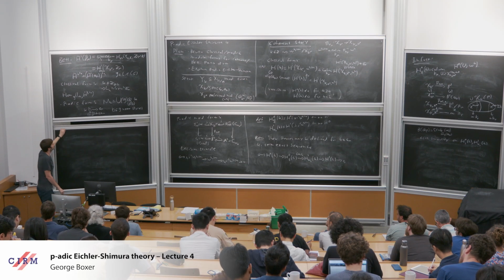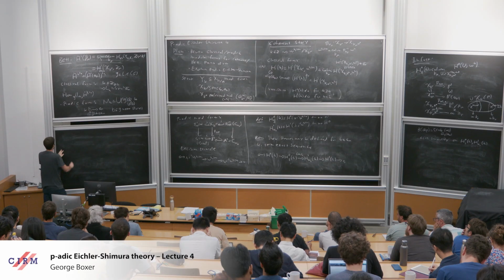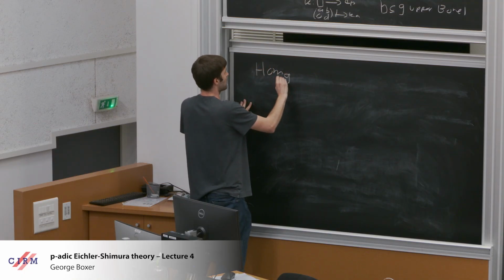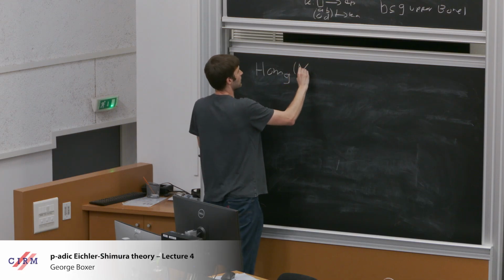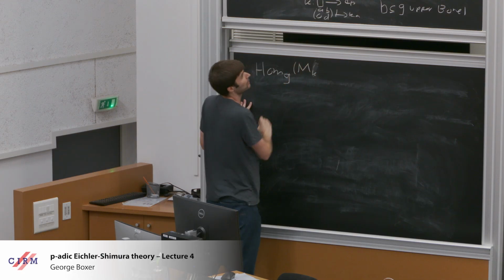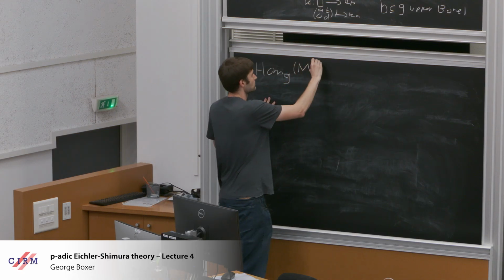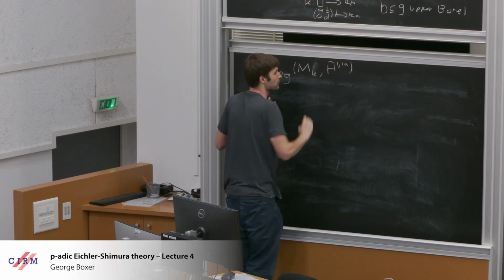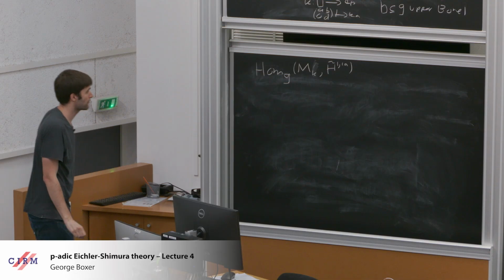Okay. And now what we can do is take Hom, again as g-representations, from this Verma module M_k into first completed cohomology.